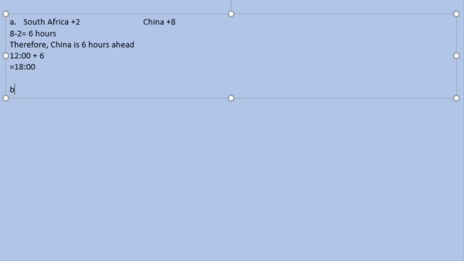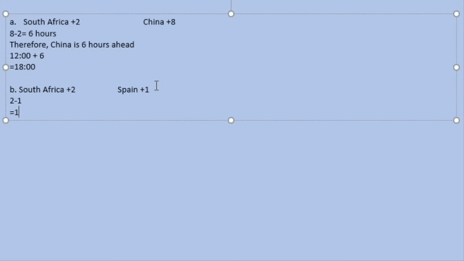And then B, we have to find out what time it would be in Spain. So we do the same process again, which is South Africa, +2, Spain, which is a +1, and then 2 minus 1, because the symbols are the same, so we subtract, and we get the 1 hour difference.